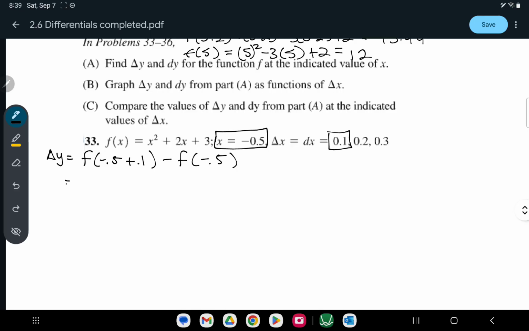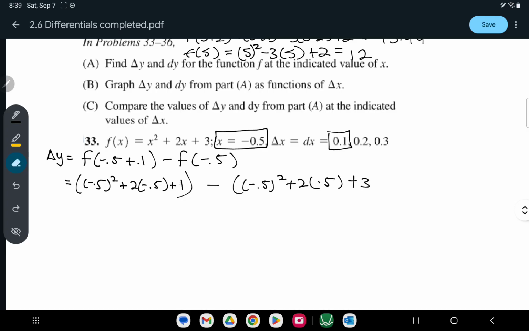So let's see. I need to do negative 0.5 squared plus 2 times negative 0.5 plus 1, minus the function value at negative 0.5. So negative 0.5 squared plus 2 times negative 0.5 plus 3.